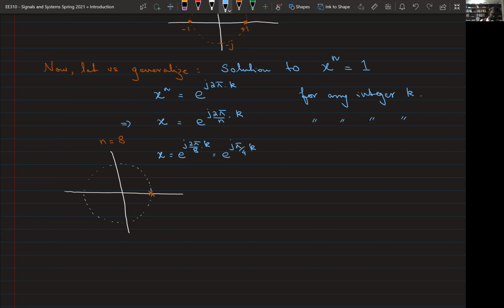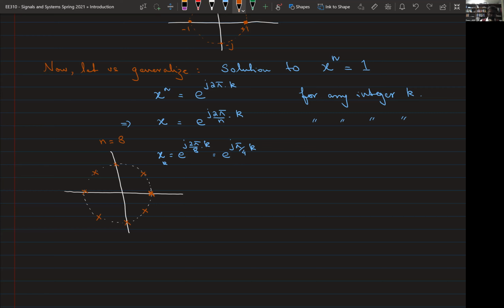Let me use a k here to indicate this is the kth solution. Each solution is displaced from the previous one by an angle of pi by 4. So this is the first solution. This is the second solution, displaced by pi by 4. This is another pi by 4, another pi by 4, and so on, and after the eighth you're back at 0. Therefore all of the solutions after this are exactly the same. So there are 8 distinct solutions.